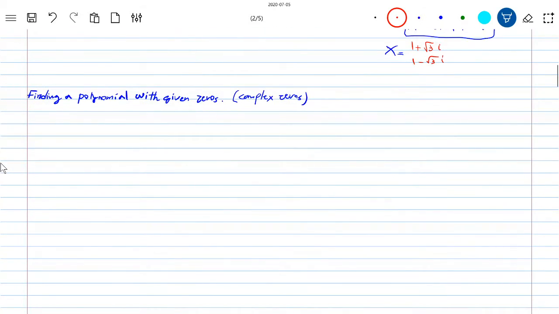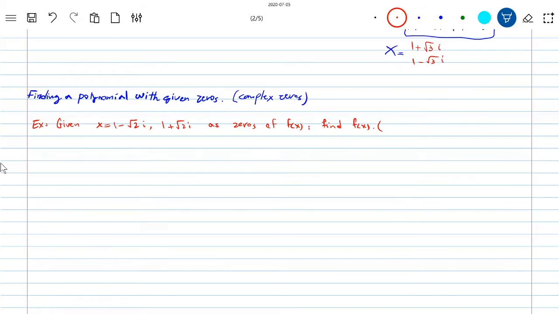Okay. Finding a polynomial with given zeros. We've already discussed this for real values. So for example, given x equal 1 minus root 2i and 1 plus root 2i as zeros of f of x, find f of x.